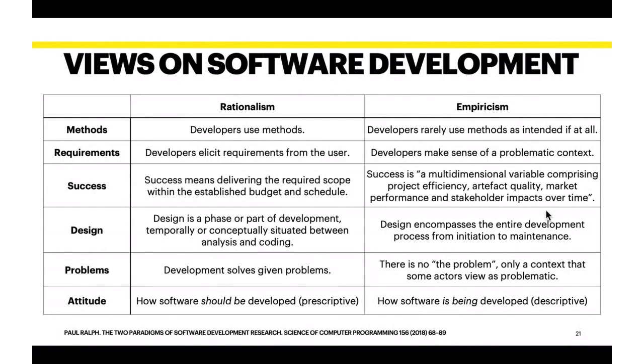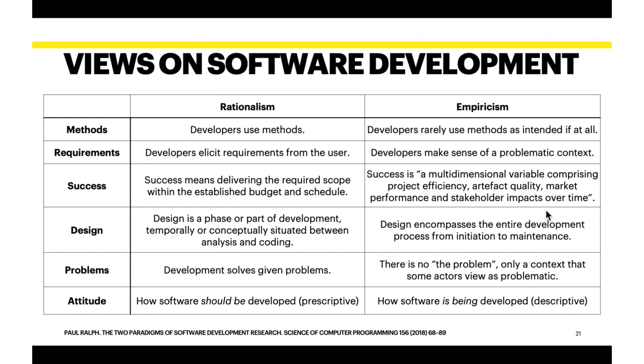So as you can imagine, this was not exactly the intention of the designers of the original ideas from the Agile Manifesto. But this is what we see in practice. Developers rarely use methods as intended, if at all. And I will also add here, they have very valid reasons to do so or not to do so.